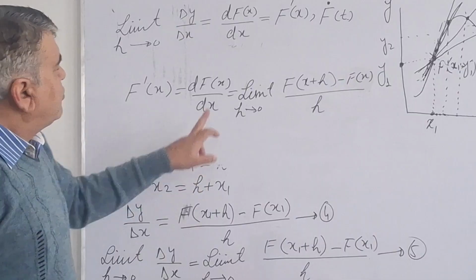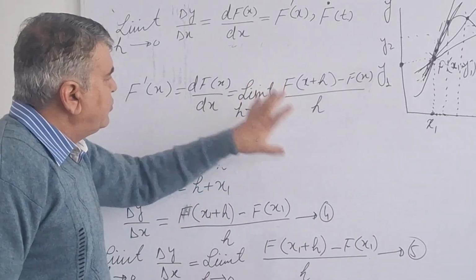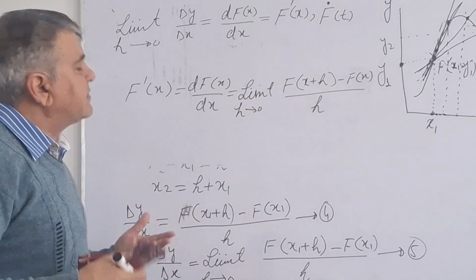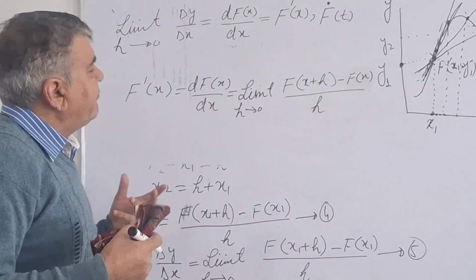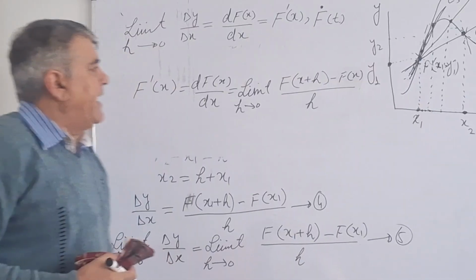So I would suggest to memorize this definition of the derivative, because I will use this definition in the coming videos to build the different rules for differentiation of functions of different kinds.